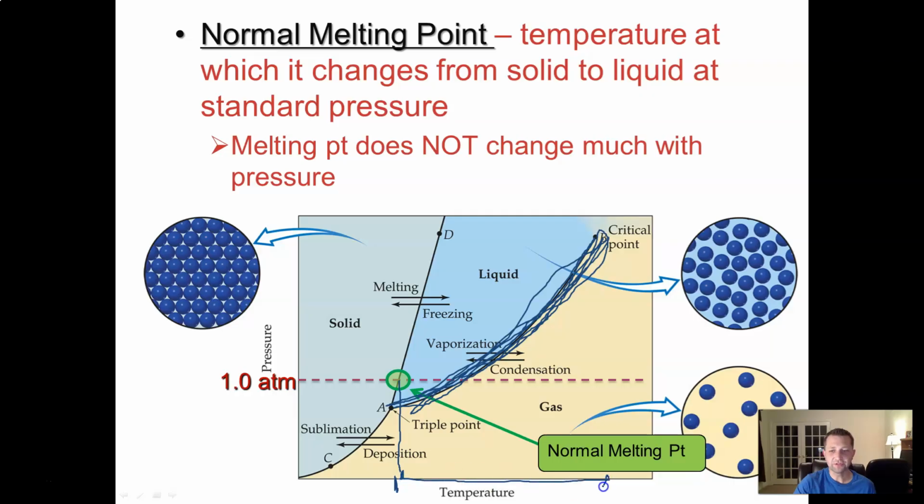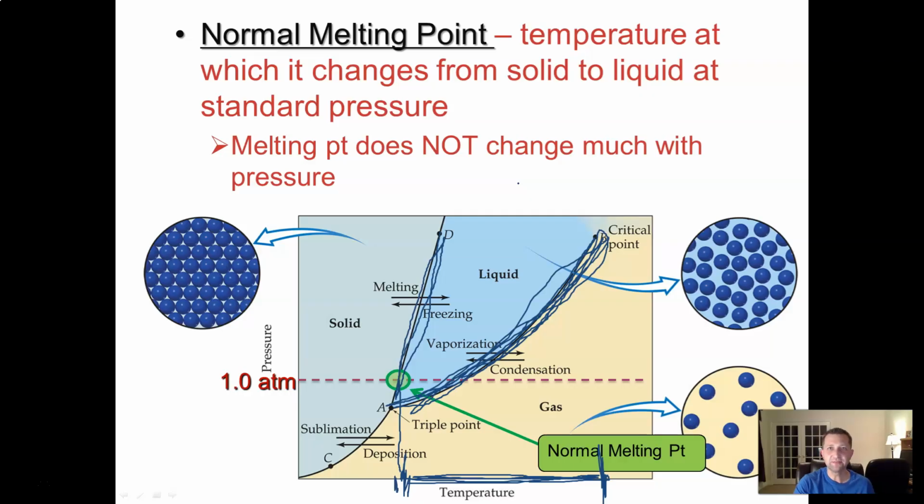Huge chunk of temperature. Okay, huge range of temperatures for that evaporation or boiling point. Okay, but as your temperature changes, your melting point doesn't change that much. I mean, look, it goes from A to D. Okay, there's not a big range of temperature change at all in the melting point or freezing point. Huge range with the evaporation point.